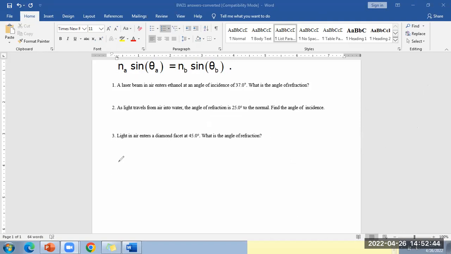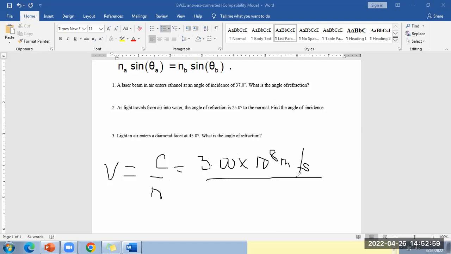Kasi doon sa speed of light, given na naman yung value. Yung value natin dito is 3.0 times 10 to the 8 meters per second. Ang hahanapin natin yung N. So yung N natin depende dun sa value. For example dito, what is the speed of light in chloroform?